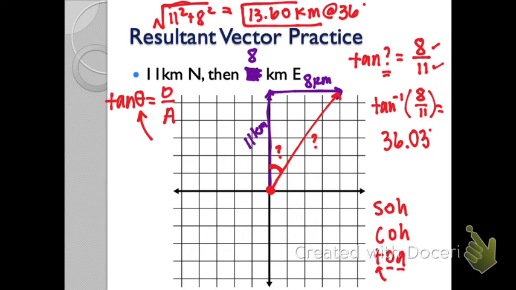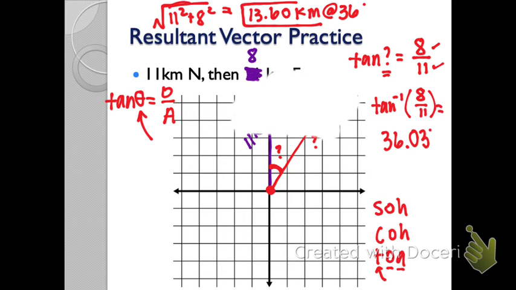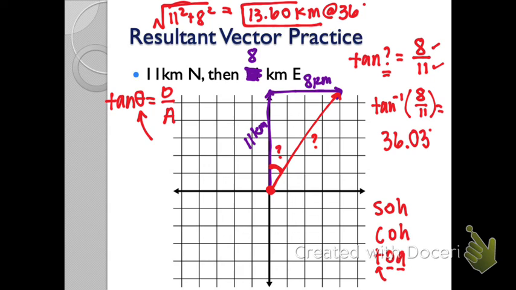Now, I can't just say northeast, and here's why. If I'm looking at my coordinate system, I have a 36 degree angle that's here, and I have a 36 degree angle that's there, right? This could be 36 degrees, or this could be 36 degrees.